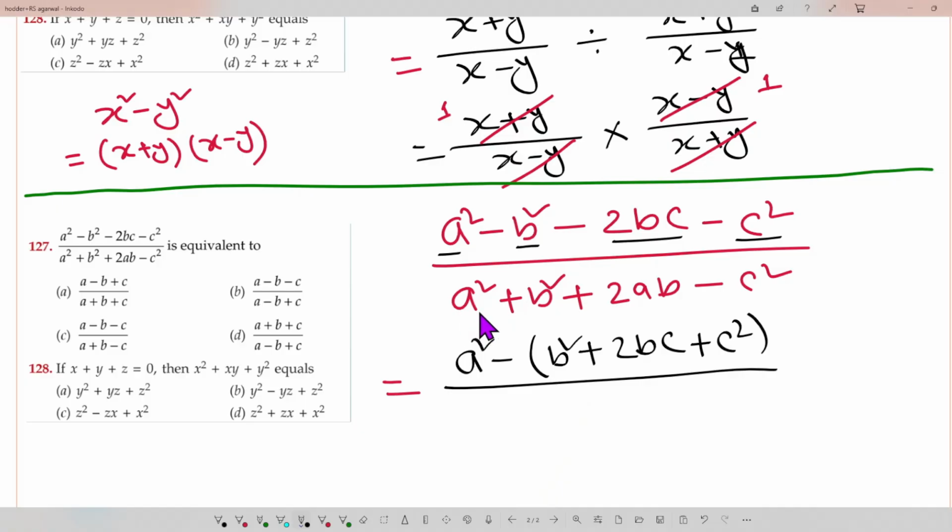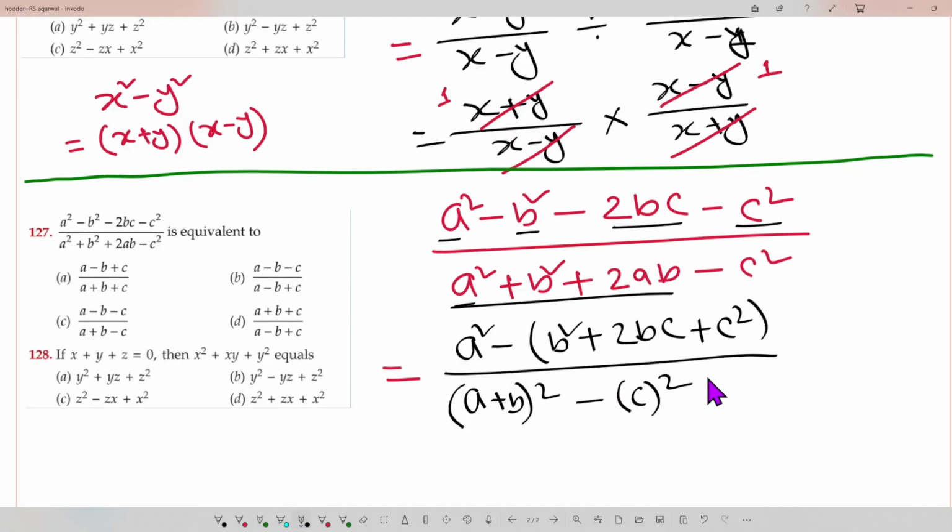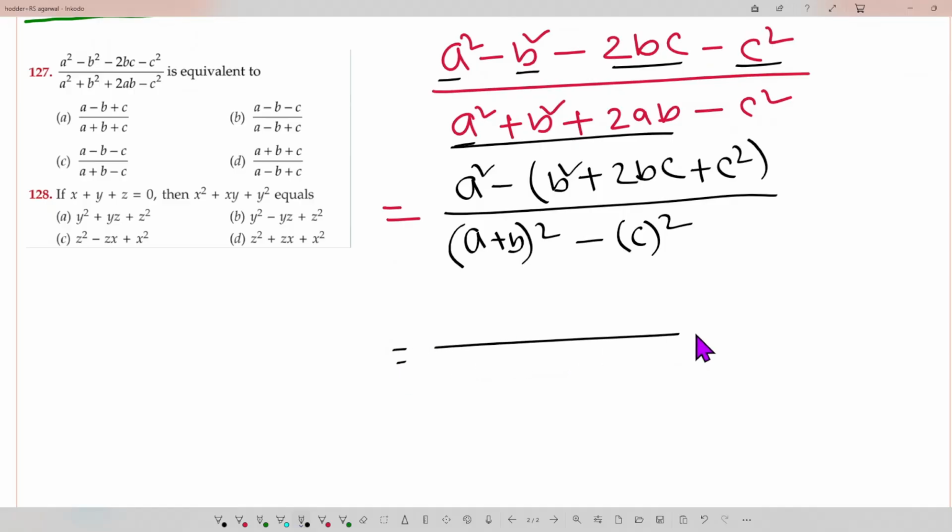Similarly, this one we can write as a plus b whole square, because here is a square plus b square plus 2ab, minus c square, which we write as c to the power 2. Next, this a square, a to the power 2 minus b square plus 2bc plus c square, so we can write b plus c whole square.